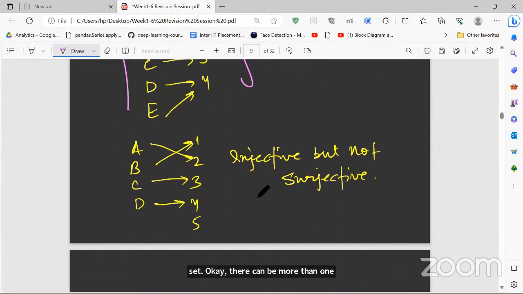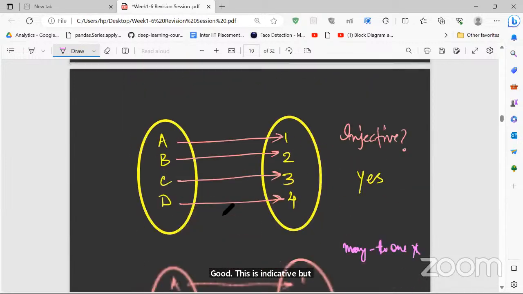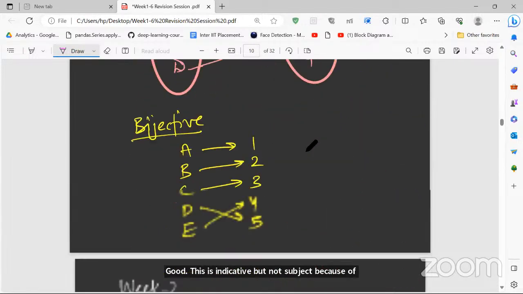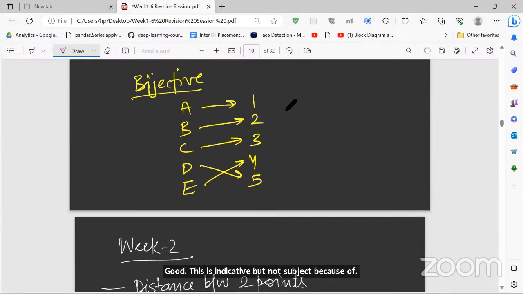Clear to everyone? This is injective but not surjective. And this is a bijective function. You can see that this is injective because it's a 1-1 function, and surjective because all the elements in set y, for example, have a matching in set x.